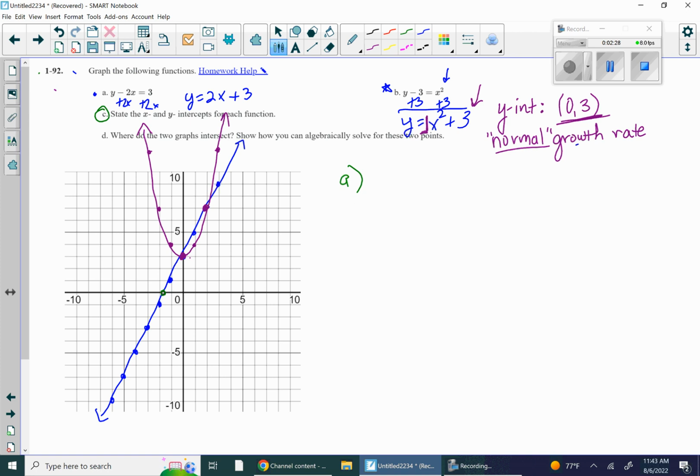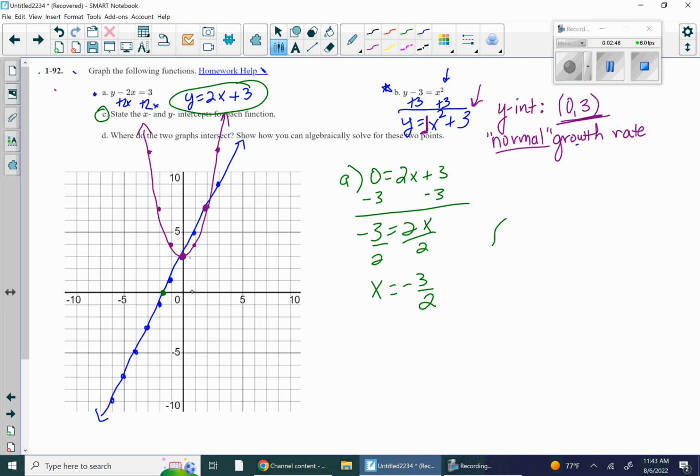We know the y value is 0, so let's actually take our function and substitute 0 for y in y equals 2x plus 3, and then we're going to solve for x, and that'll give us the x-intercept. Negative 3 equals 2x, divide by 2 on both sides, and you get x equals negative 3 halves, which we see is about negative 1.5. My line is a little crookedy, so it's not quite perfect, but it does make sense.